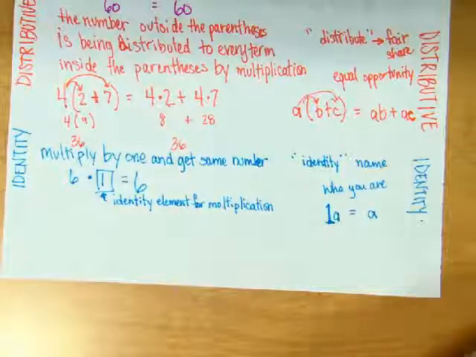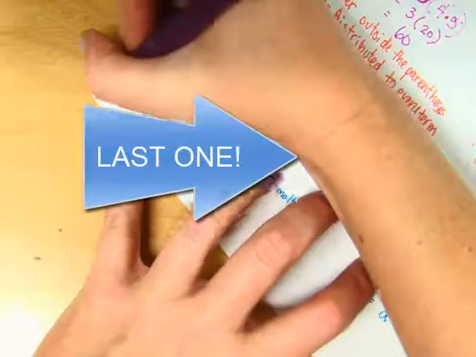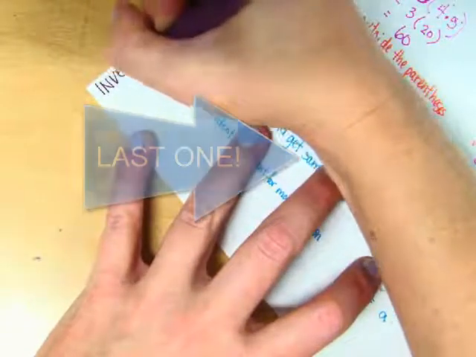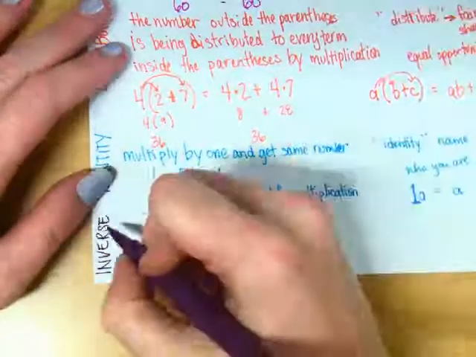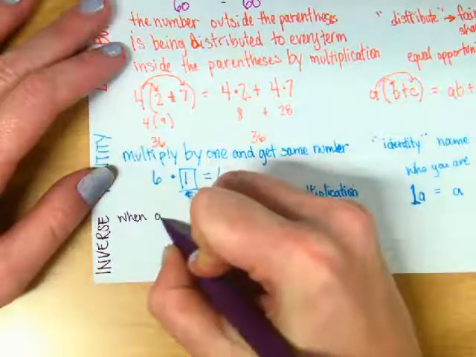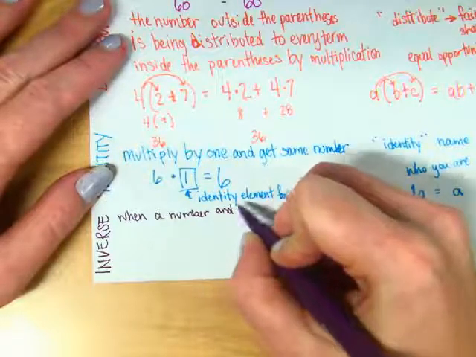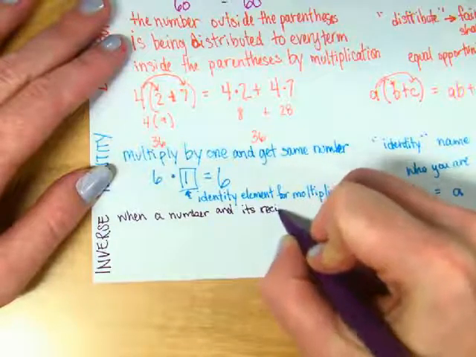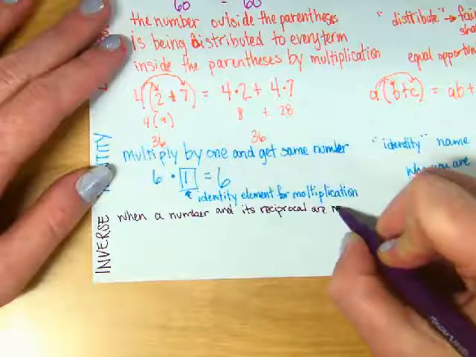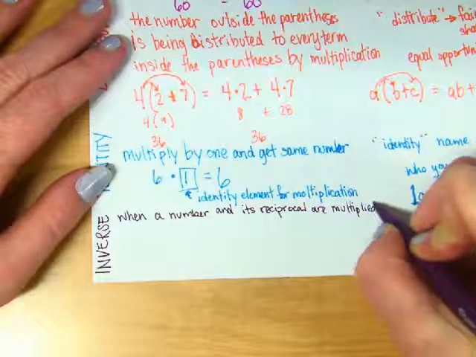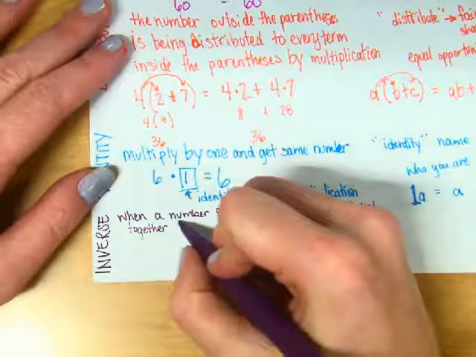Last one. Inverse property of multiplication. When a number and its reciprocal are multiplied together for a product of 1.